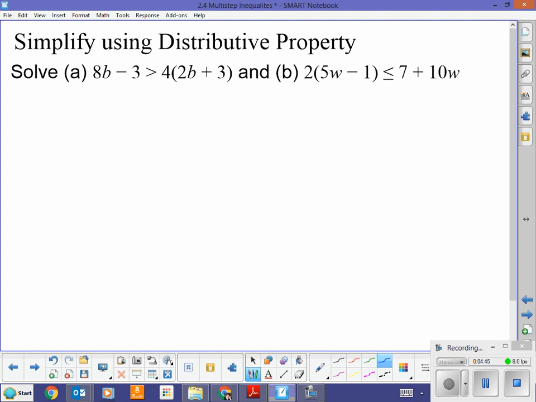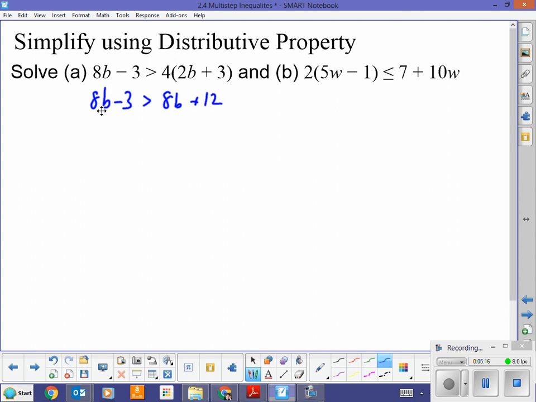Last couple examples here involve simplifying using the distributive property. So we can see on the right side here, I have to distribute the 4. I could technically divide both sides by 4, but then we end up with this fraction over here. So I'm going to go ahead and distribute. So 4 times 2b is 8b, and 4 times 3 is 12.